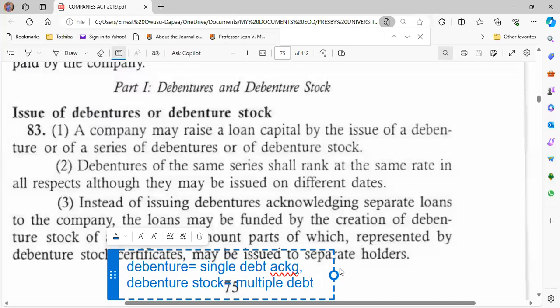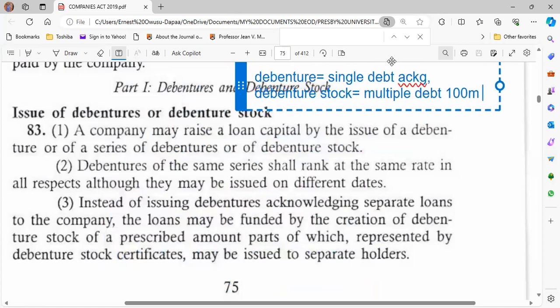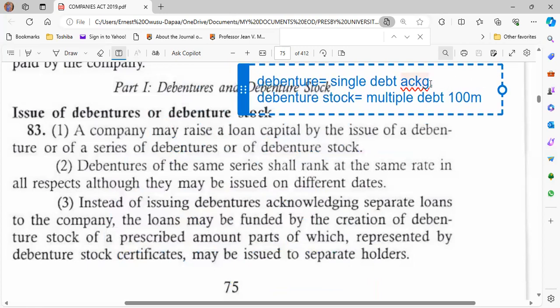So practically, let's say the company needs to raise a loan of 100 million Ghana cedis, right? The company may not find it easy to get an individual to give a loan of 100 million.